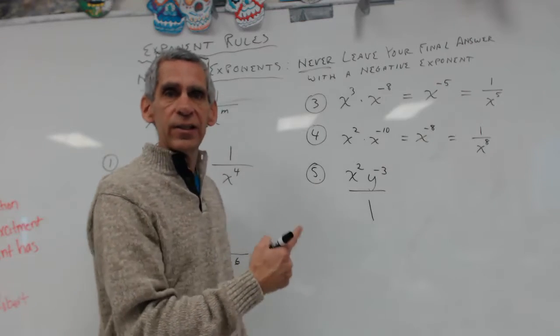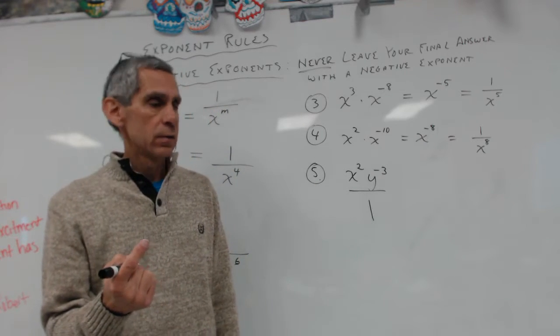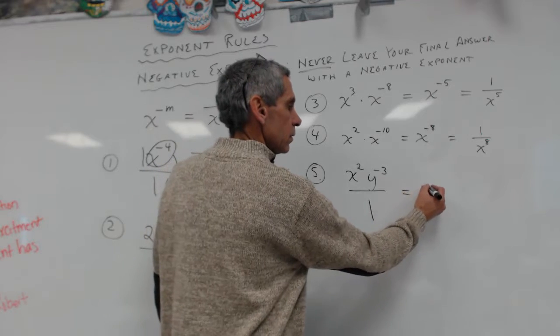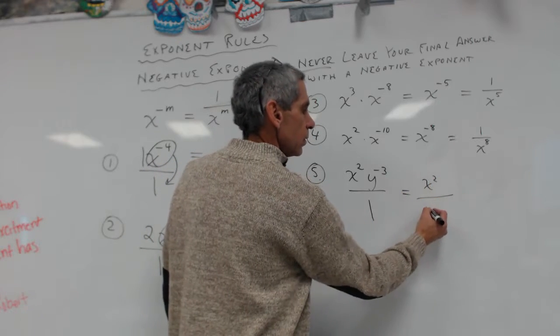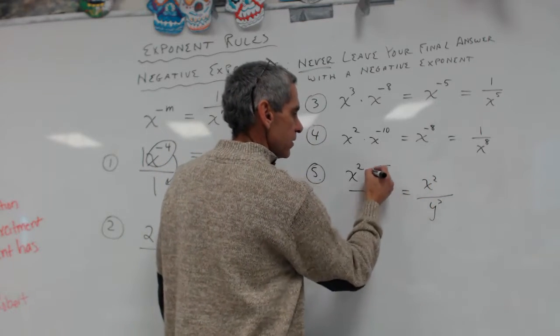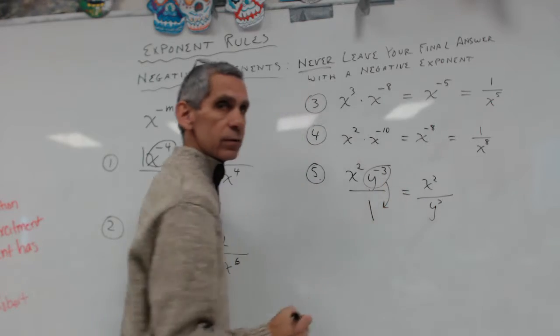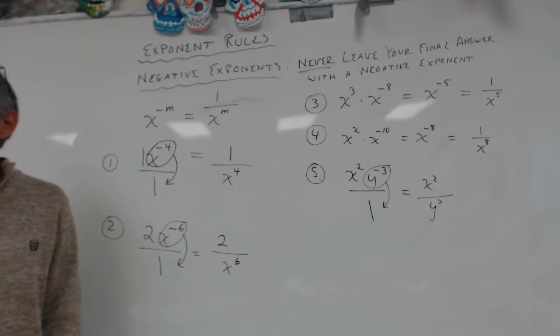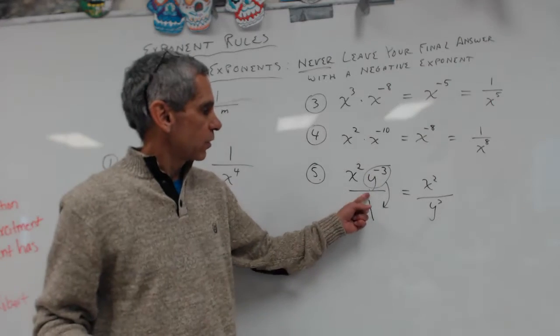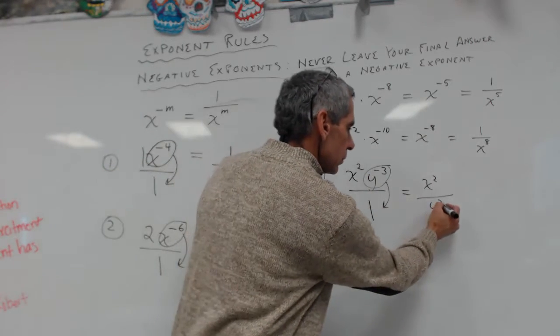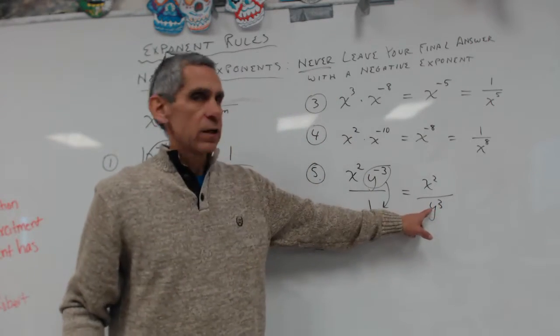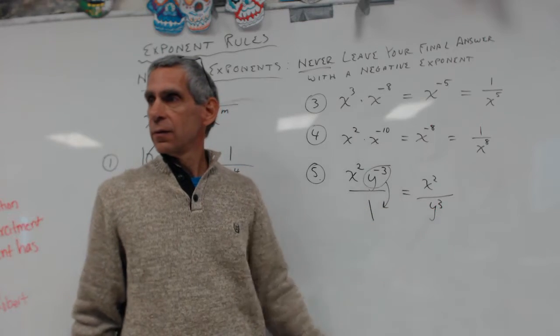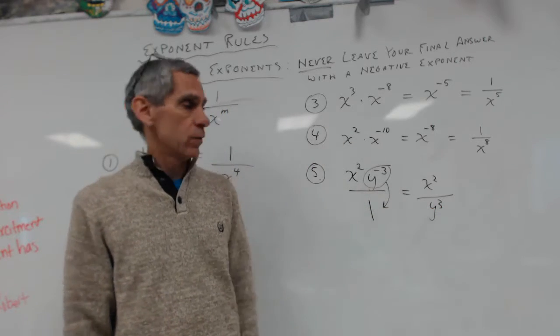We just have x squared over y to the 3rd. That's the only thing that goes downstairs, right? Because it's negative. But as soon as you bring it down across the fraction line, that becomes a positive exponent. That always changes the exponent, all right?